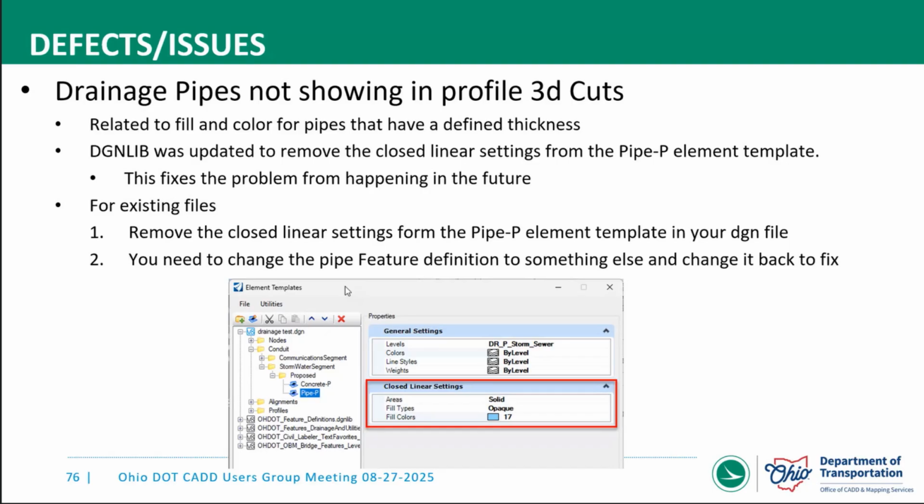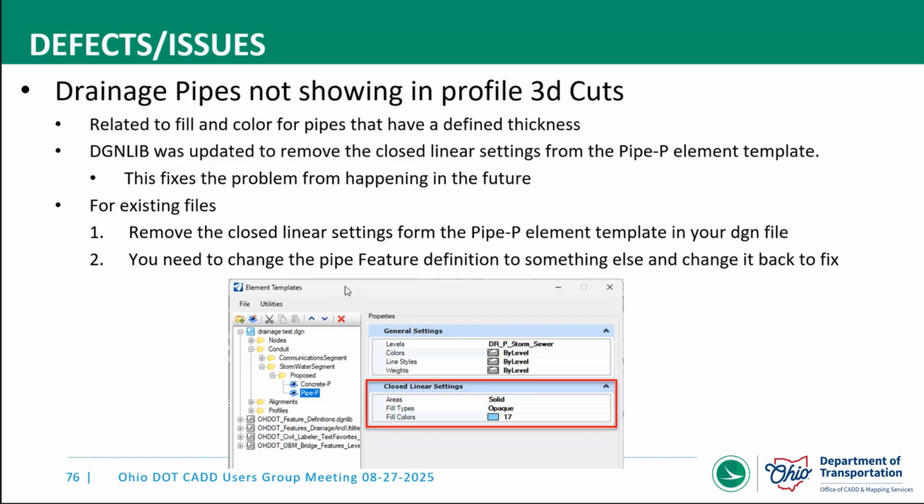Boy, did I not realize that was going to cause this problem. So it really comes down to the closed linear settings on the element template. There's only one element template, pipe-p, and it's used on multiple feature definitions. Some of those feature definitions have the catalog with a pipe that has a thickness and some don't. That's why the ones that don't have a thickness never had a problem.